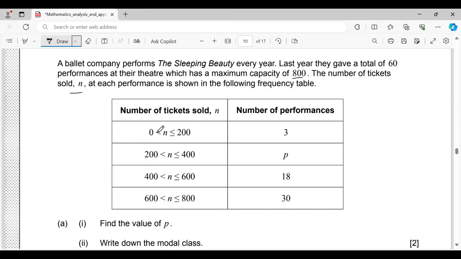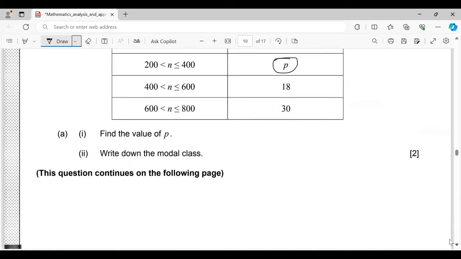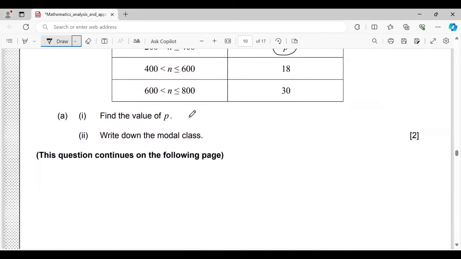So on interval 0 to 200, number of performances 3, and number of tickets sold 200 to 400, number of performances is P. Later we are going to find P, and this interval is 18. This interval is 30. Now find the value of P, right?